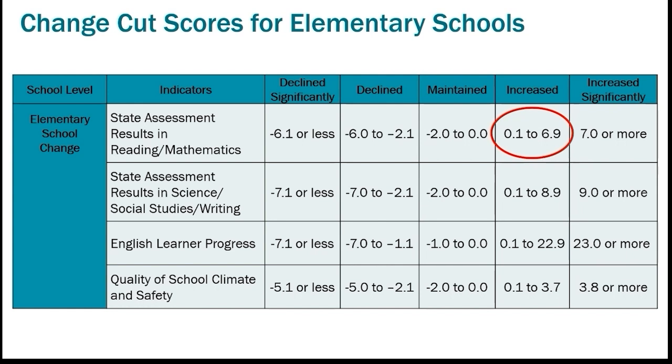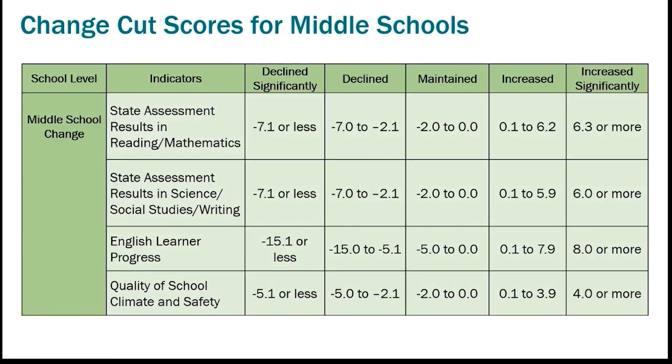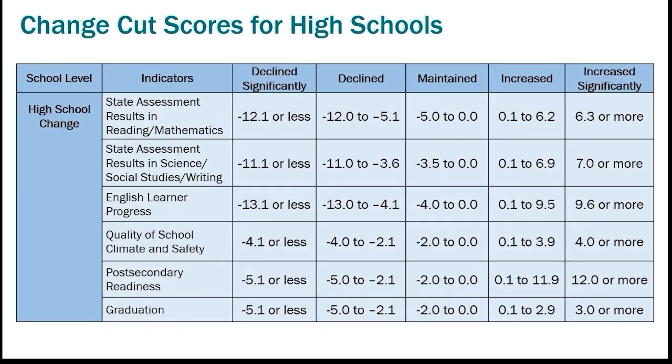Using the change cut scores for elementary schools, we can see that a change score of 1.9 for reading and mathematics falls into the green, increased change level. And along with the elementary cut score table here, I'm also providing the change cut scores for middle schools and the change cut scores for high schools.